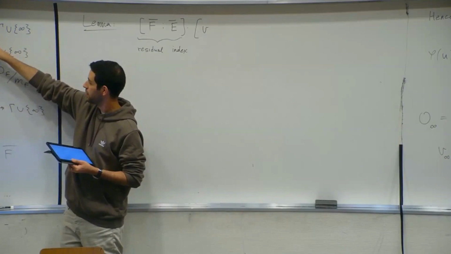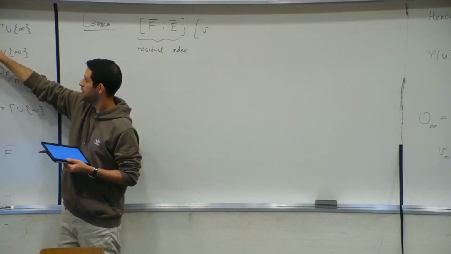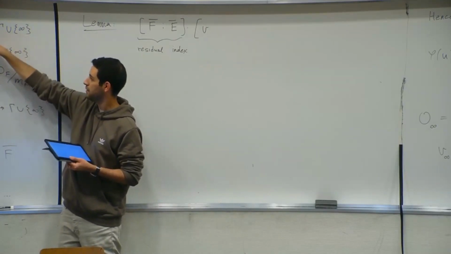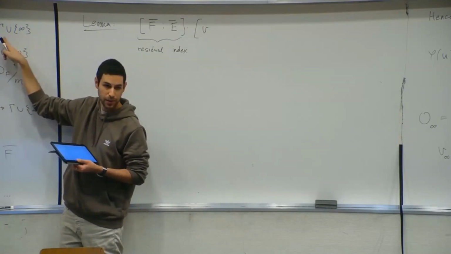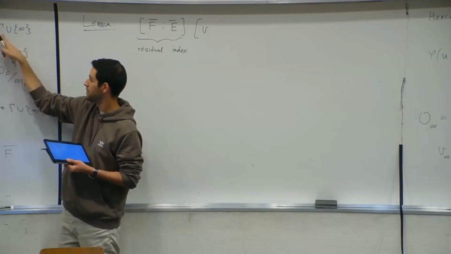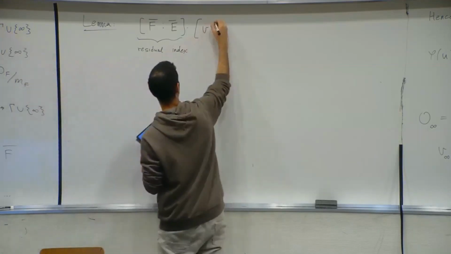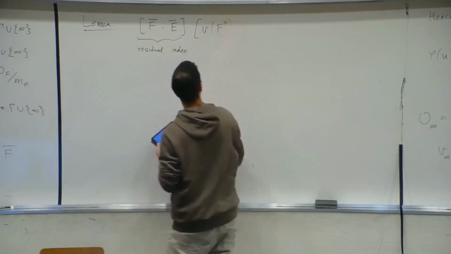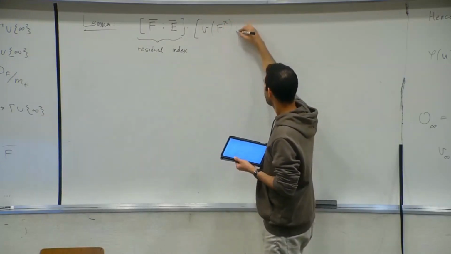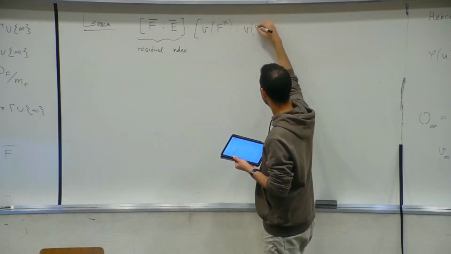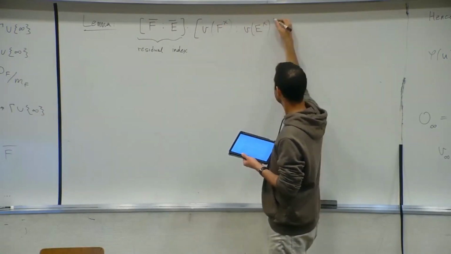Zero is mapped to infinity, and every non-zero element is mapped to some element in Gamma. So the image is a subgroup of Gamma, V of F without 0. And we can also consider V of the restriction to E.